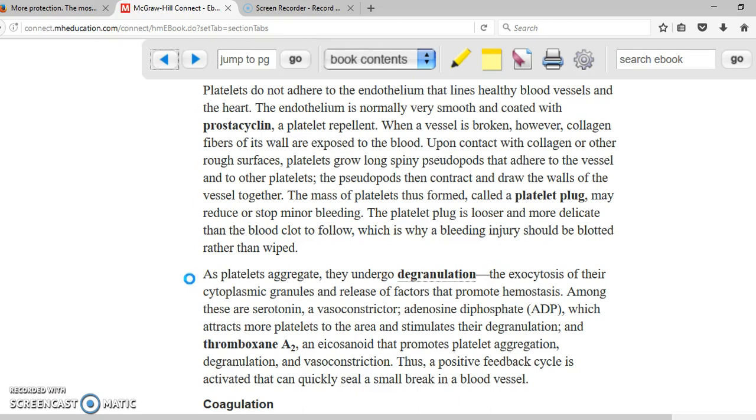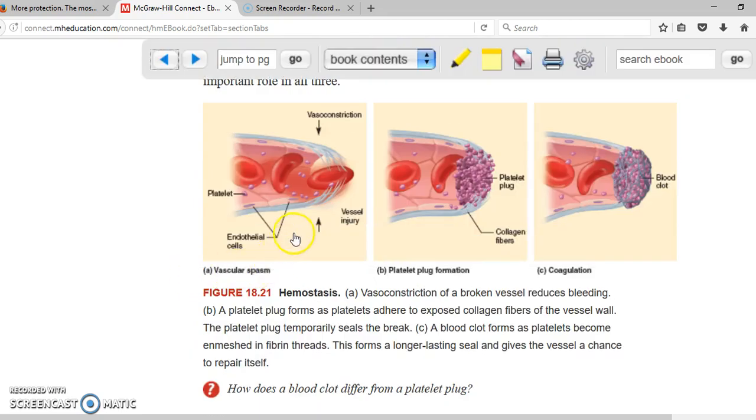So let me explain this again. First step number 1, vasoconstriction. Step number 2, you have platelets. And let's say these first platelets that you have right here are the very first ones that are going to attach to the blood vessel.